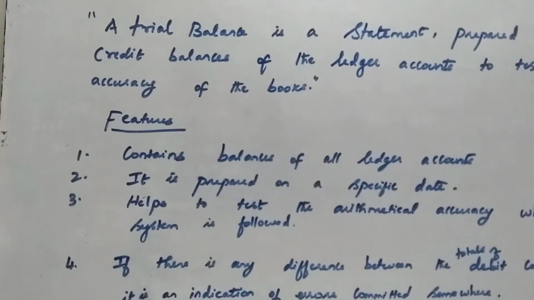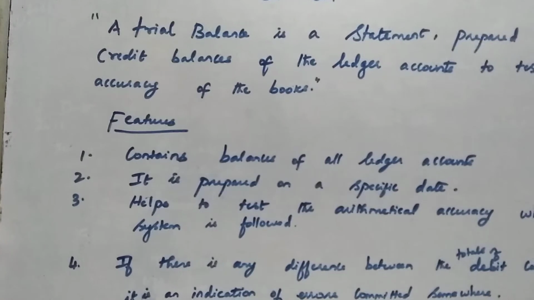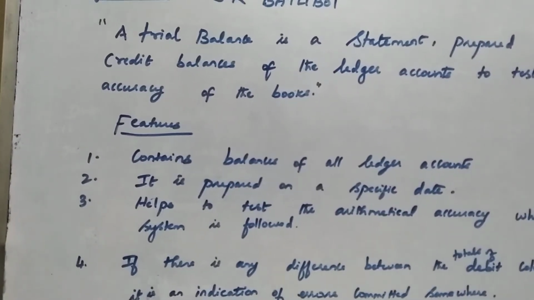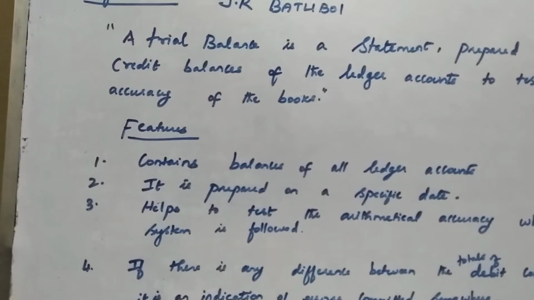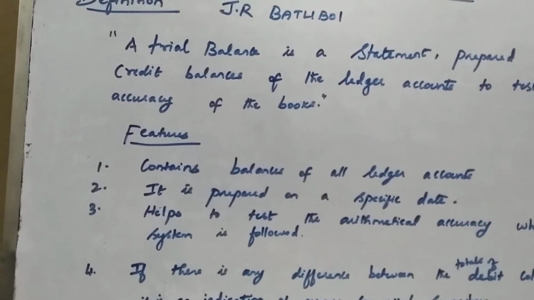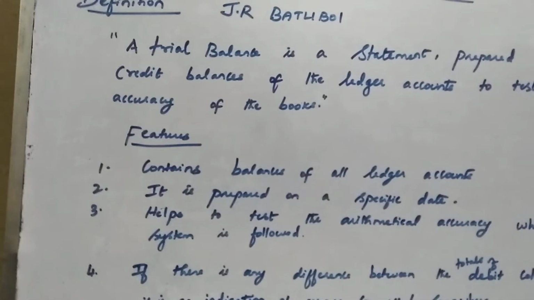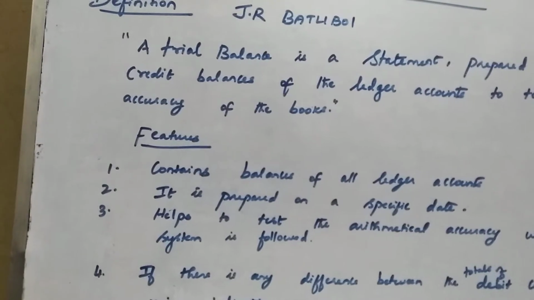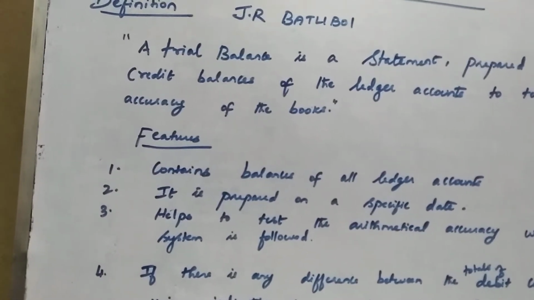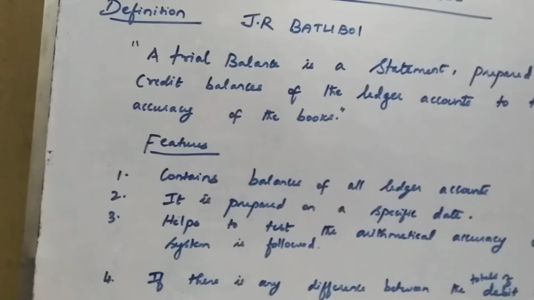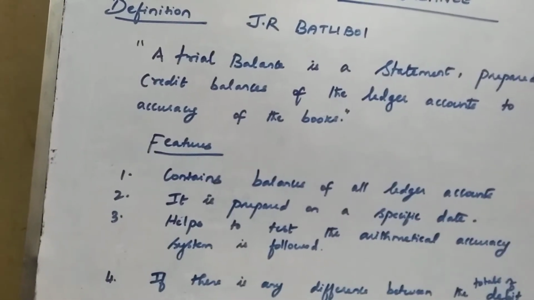If there is no agreement between the debit column total and the credit column total, which means the trial balance does not tally and both are different, then it is an indication that you have made some mistake in the ledger or in the journal, or somewhere we have made some mistake.